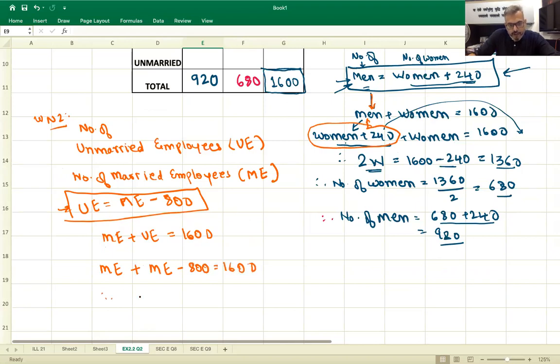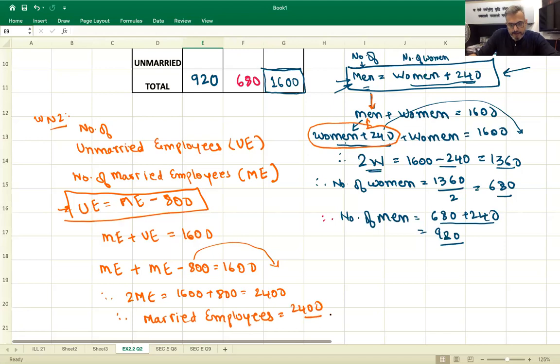Therefore 2ME is equal to, this 800 will come on the right hand side. It will become plus. So it will be 1600 plus 800, 2400. Therefore, married employee is equal to 2400 divided by 2, which is 1200.